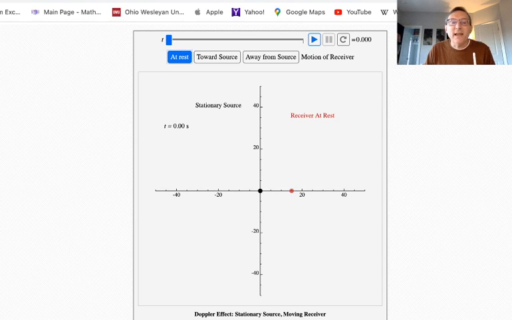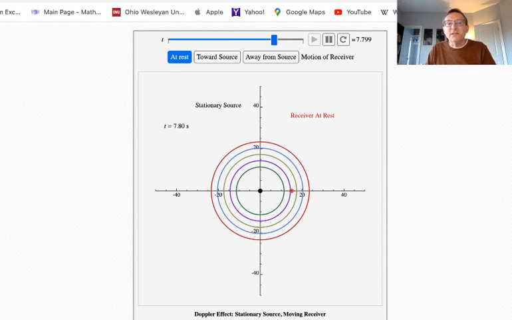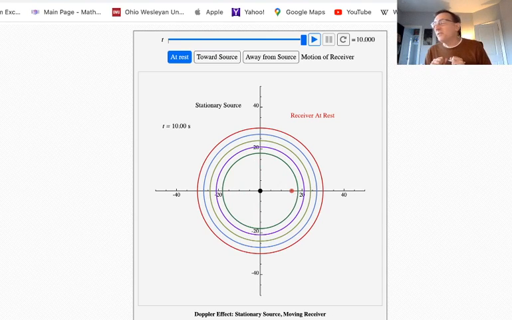So all I have to do is run the animation, and we get wavefronts emitted every period. And they intercept the receiver. The receiver is the red dot. And the period of the sound wave is the time between 2 successive wavefronts to be received.